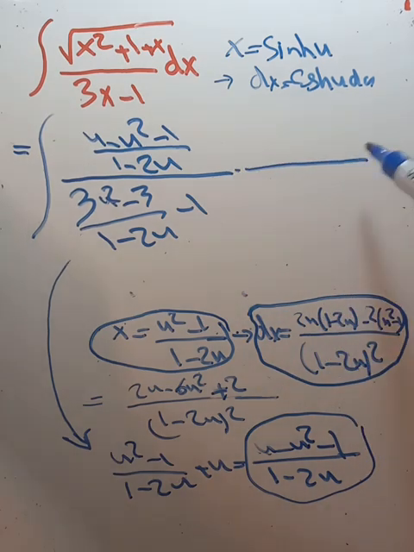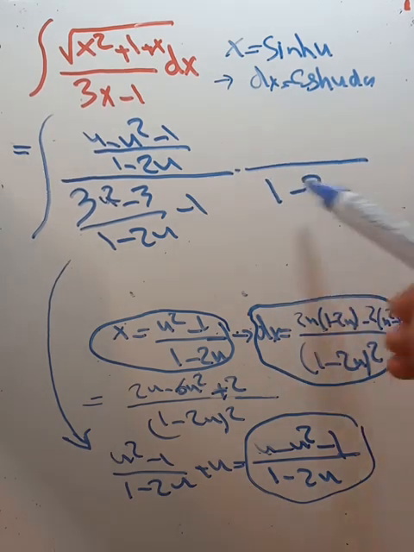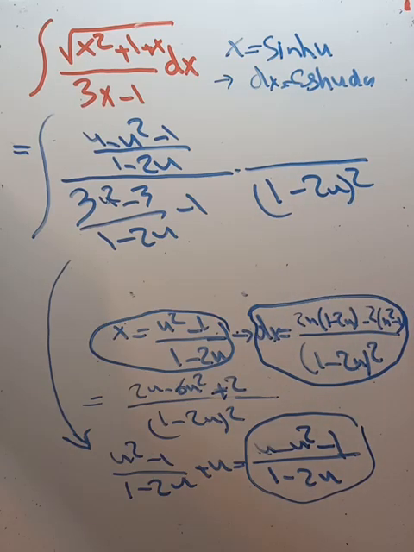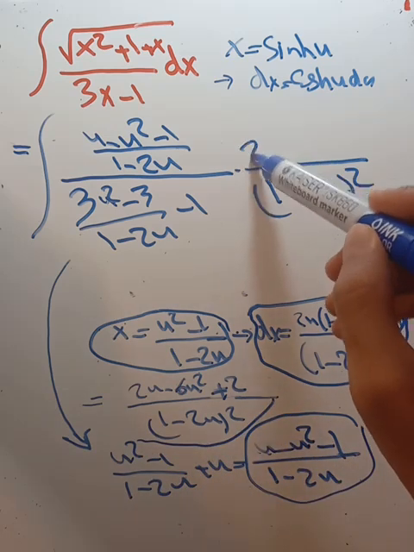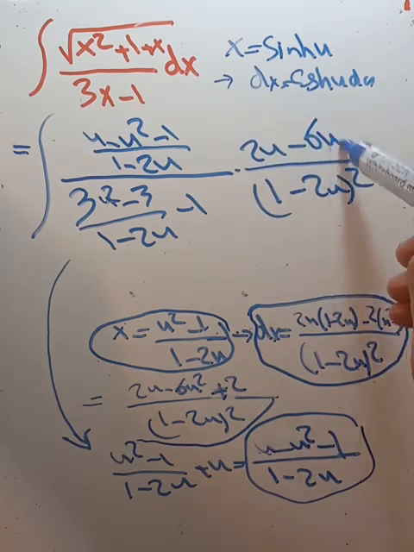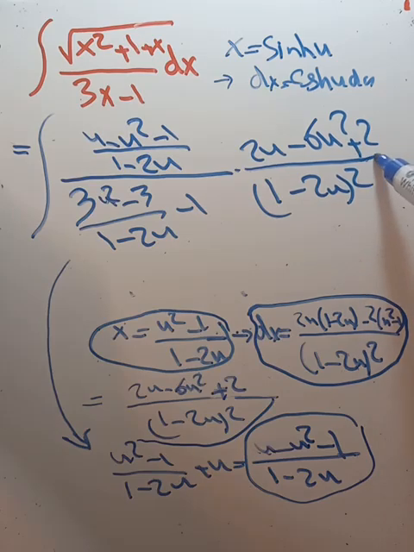times 1 minus 2u squared, this, rather, 2u minus 6u squared plus 2. And of course du here, I missed du.